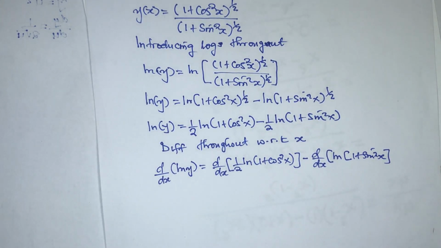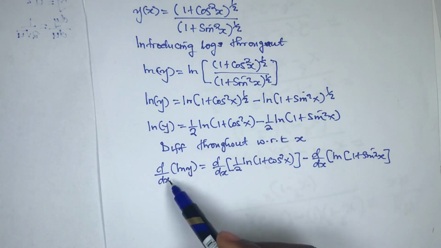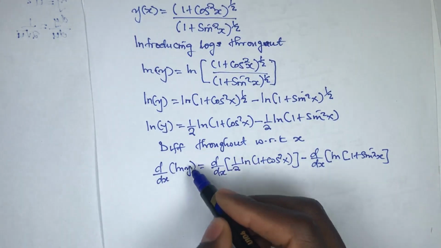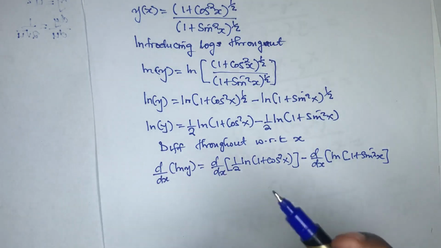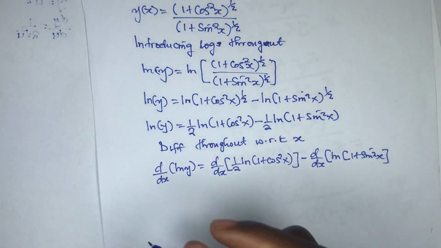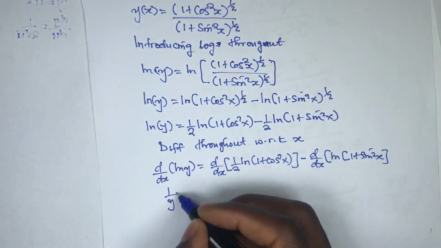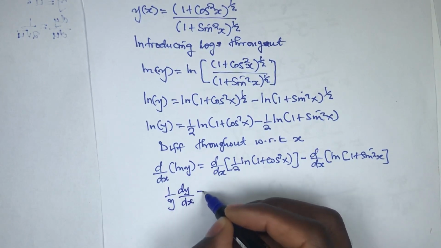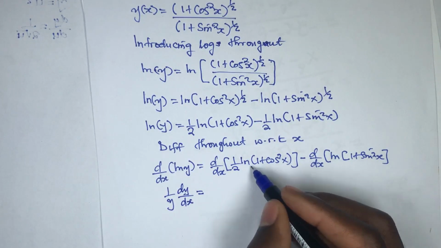So now we're going to start differentiating this side. Of course, if you differentiate y with respect to x, we differentiate y the normal way and multiply by the derivative of y, dy/dx. That method of differentiation is called implicit differentiation. So this part is going to be 1 divided by y, dy/dx, equal to, if you differentiate this part, we first differentiate the whole function the way it is.